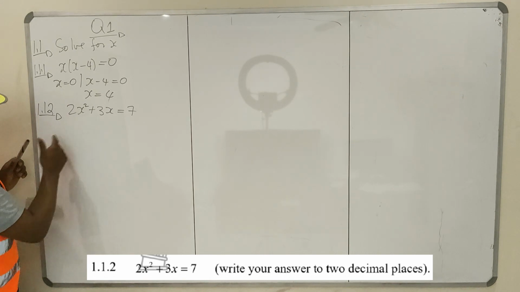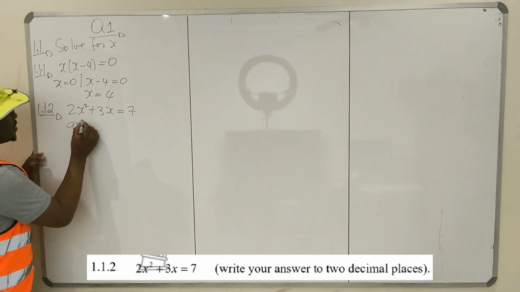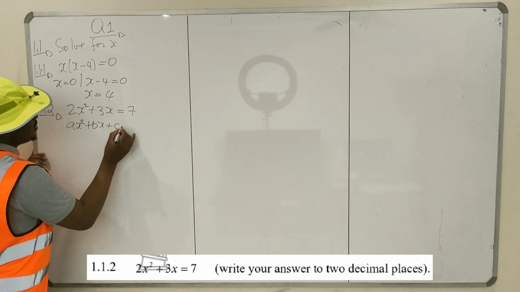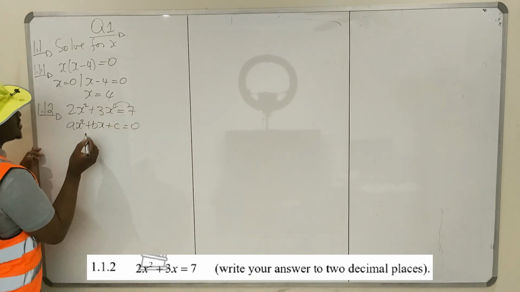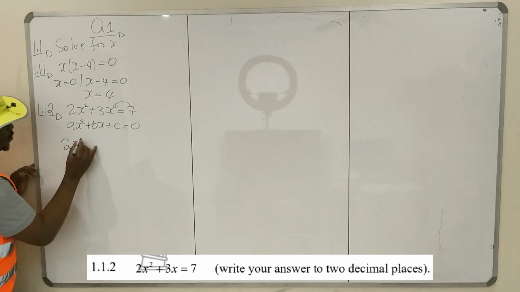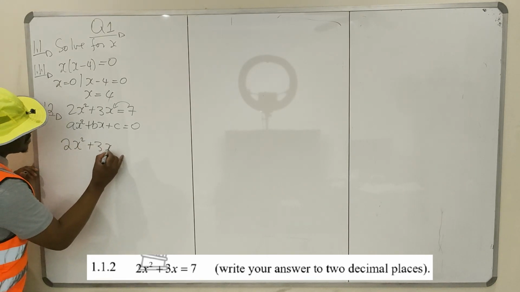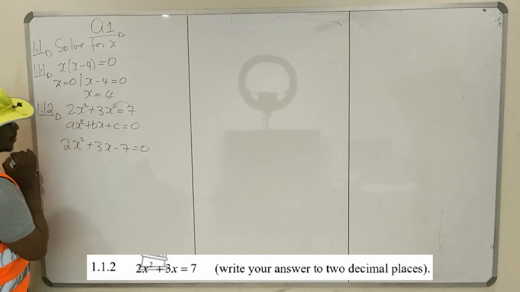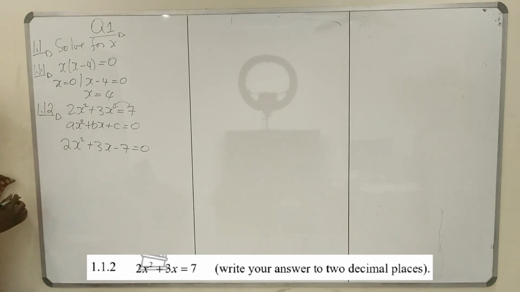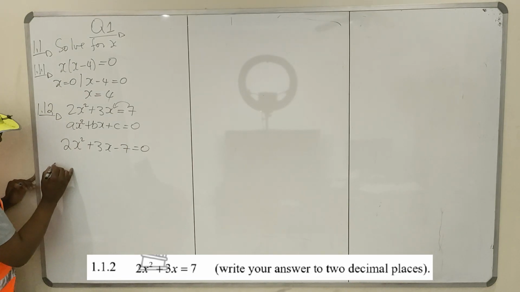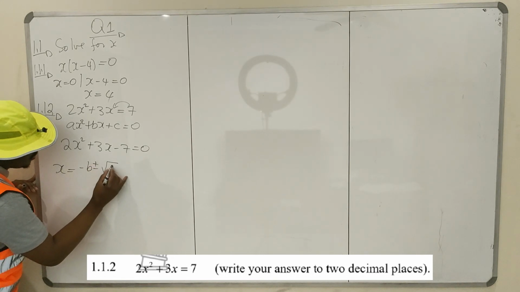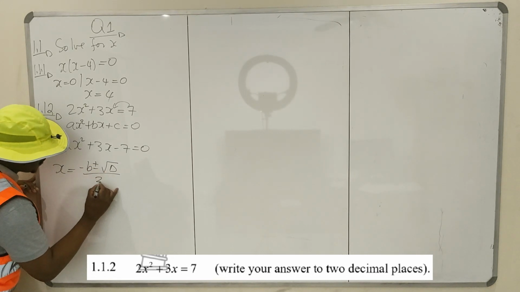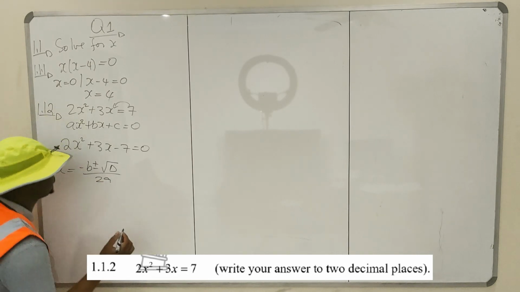The first thing, you write this in the form ax squared plus bx plus c is equal to 0, which means you have to transpose the 7 to this side. So you have 2x squared plus 3x minus 7 is equal to 0. When you're here, use the quadratic formula. x is equal to negative b plus or minus the square root of your discriminant over 2a.